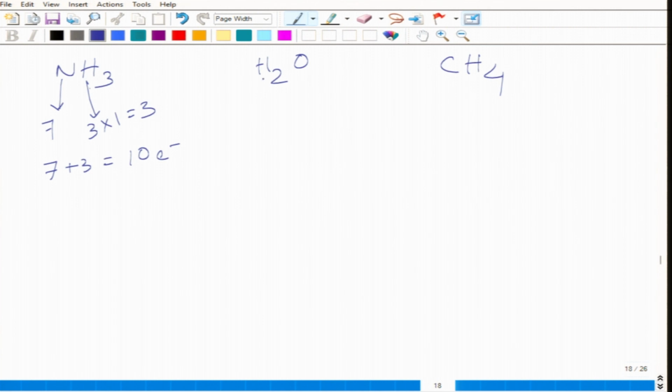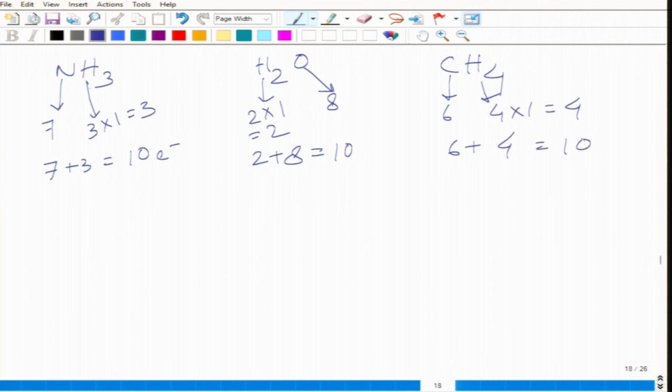Okay, here 2 hydrogen have 2 into 1, 2 electrons, and oxygen has 8 electrons. So 10 electron. Here carbon has 6 electrons and 4 hydrogen have 4 electrons. So again 10 electrons. So the molecules of ammonia, water and methane are isoelectronic. They have 10 electrons each.